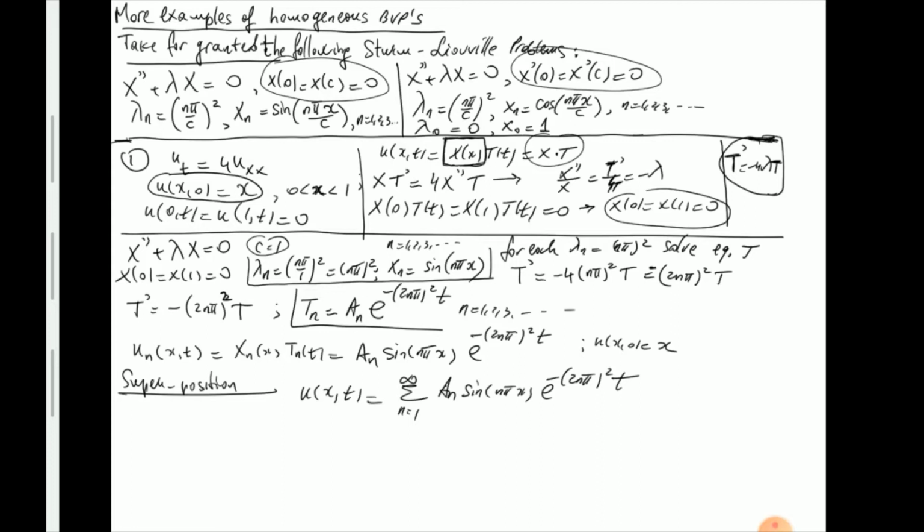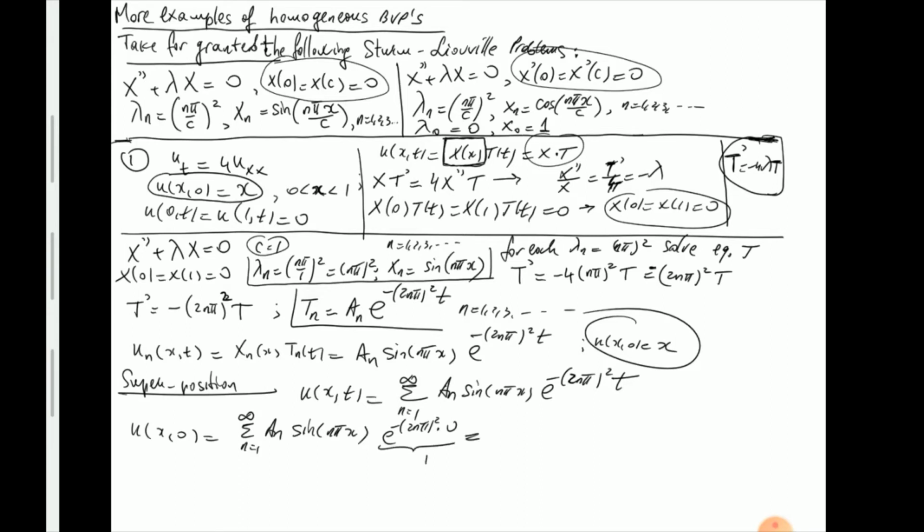All I have to do now is determine a n such that the initial condition is satisfied. So I'm going to plug in 0 for t. You can do this faster, I just want to emphasize it one more time: e to the minus that constant times 0 becomes 1.